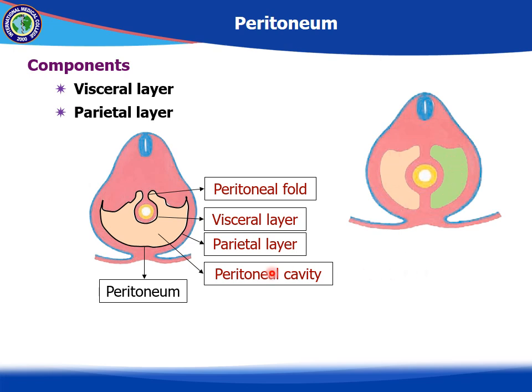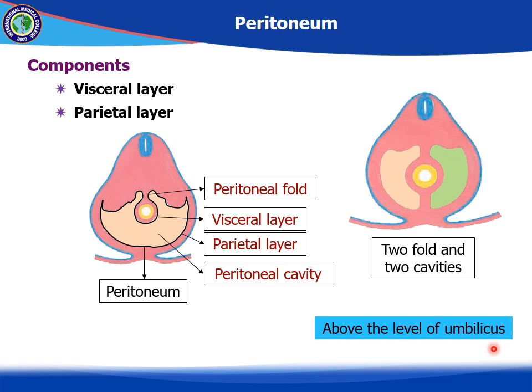Both cavities are continuous below the level of connection of the yolk sac with this larger cavity. So above the level of the umbilicus there are two folds and two cavities, and below the level of the umbilicus there is only a dorsal connection, a dorsal fold, and only one cavity.